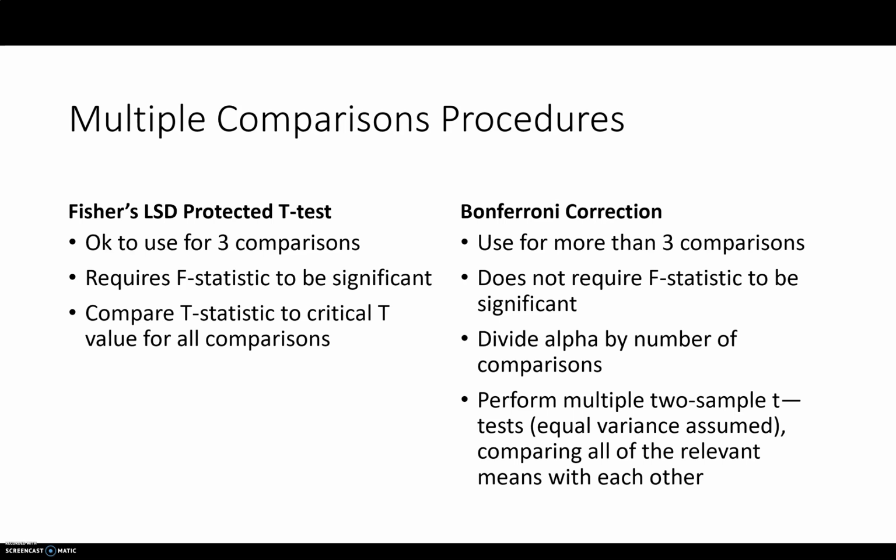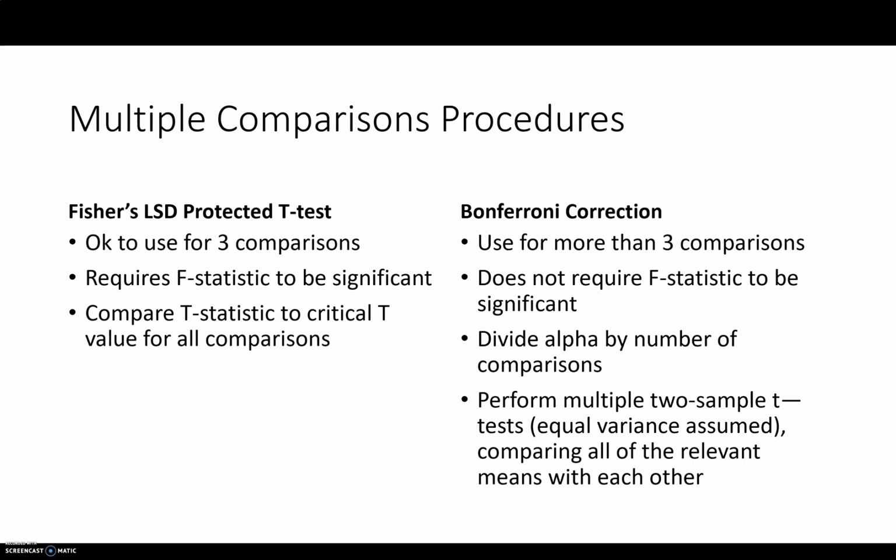We do this, you're limited by Excel because it's not going to give you p-values for these. Other software would be able to, so you could report exact p-values, but in this case, we're just going to be comparing the t-statistics that result from the LSD test to a critical t-value.